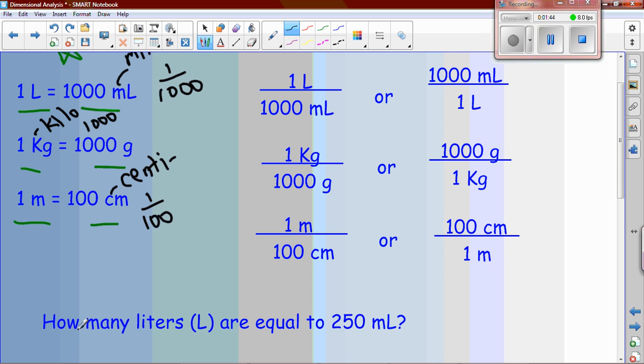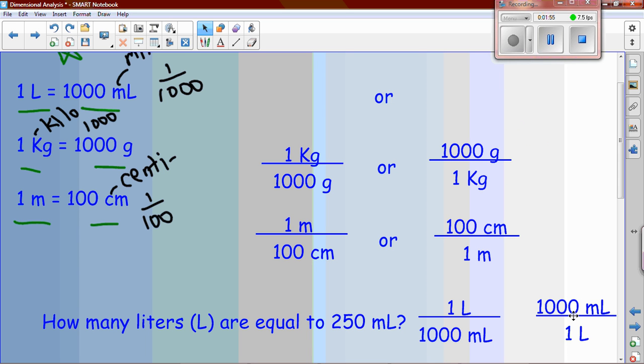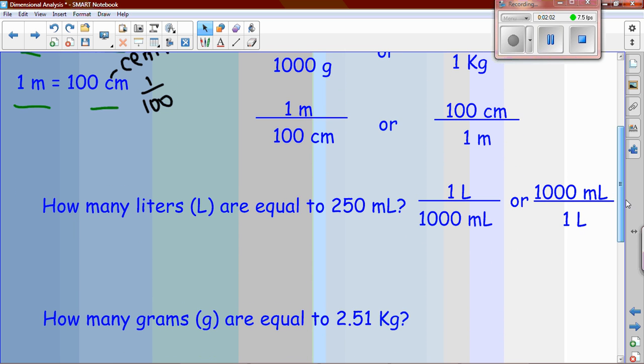Here we have: how many liters are equal to 250 milliliters? And so I'm going to pull these conversions down. These are our two conversions that we've got. Okay, let's pull this down here so we can scoot down and look at some more space.